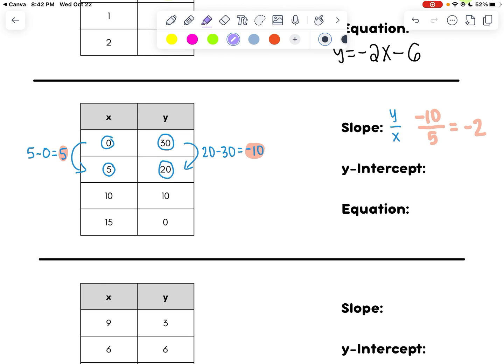My y-intercept, I go down my x side until I find 0. I go straight across, and 30 is my y-intercept. I can go ahead and put my equation together. I have y equals my slope of -2, x plus 30.